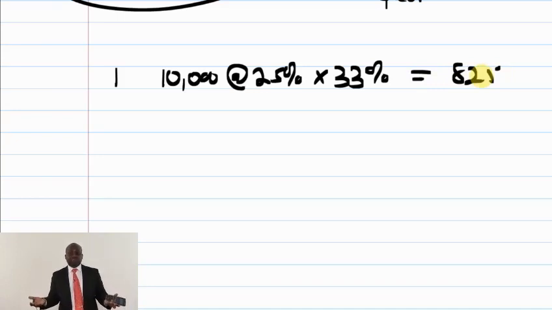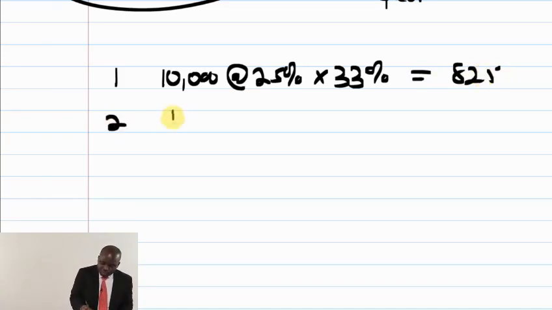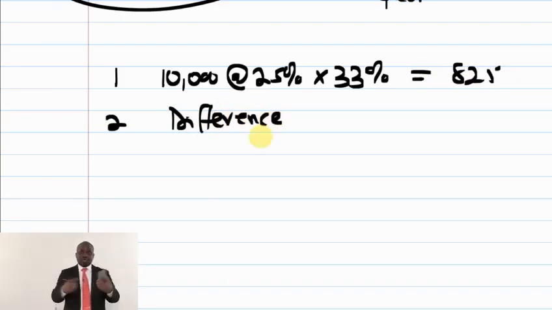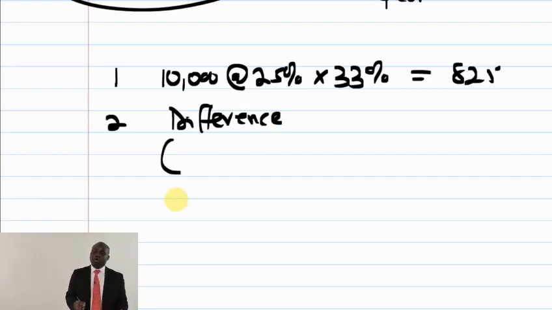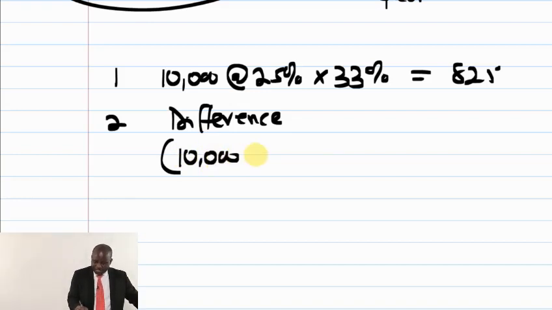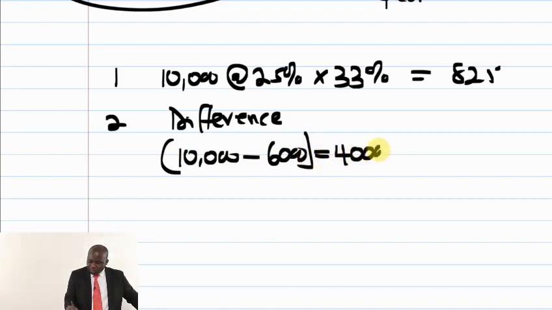Because the asset is for 2 years, year 2 should be the difference. The last year should always be the difference because of the balancing charge and balancing allowance. So go and calculate your qualifying expenditure. Your qualifying expenditure here is that the asset is for 10,000 minus the residual value of the 6,000. It means you technically incurred 4,000.